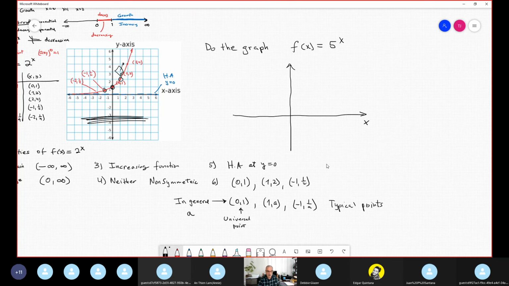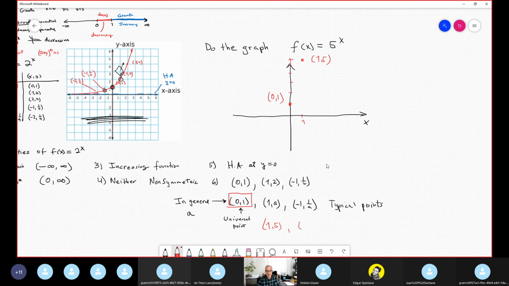I plot immediately the universal point, here is 0,1, this guy. And when the base is 5, this point is the point 1,5, because base A is 5. So it's 1 here, 5, 2, 3, 4, and 5. This point is the point 1,5.